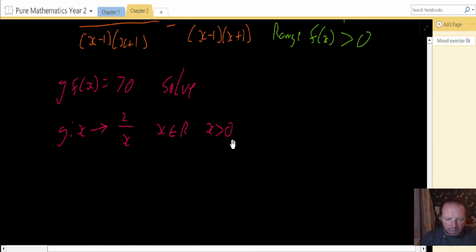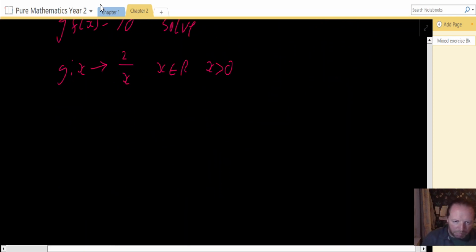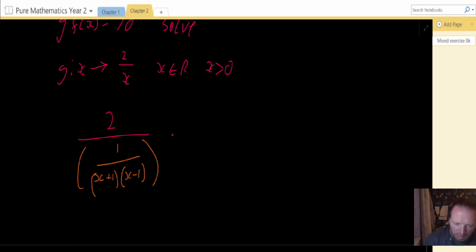Okay, so let's go and put f of x, which I'm going to use this version of, into this, which is basically going to be 2 over 1 over (x plus 1)(x minus 1), equal to 70.